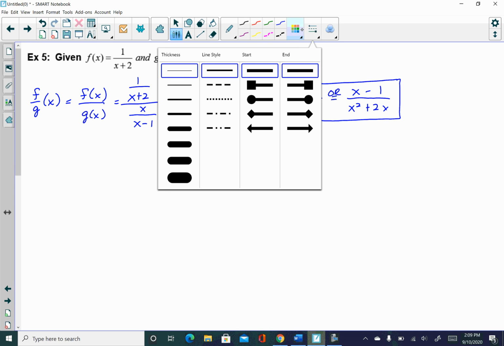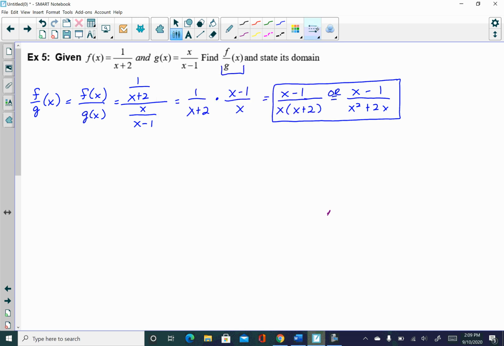The domain of this function is going to be where the domain of f, g, and this all overlap. So let's start with the domain of f of x. It's a rational expression here.